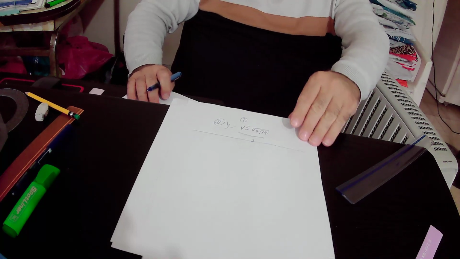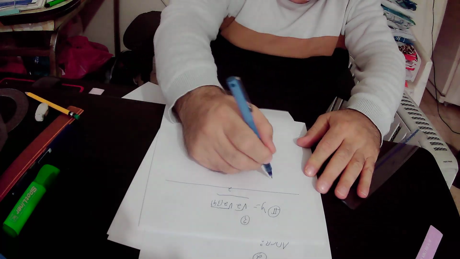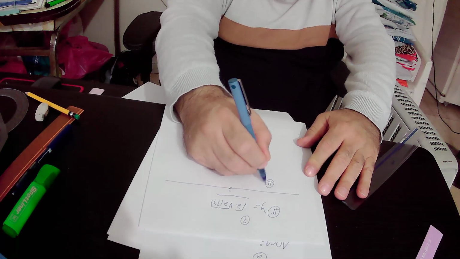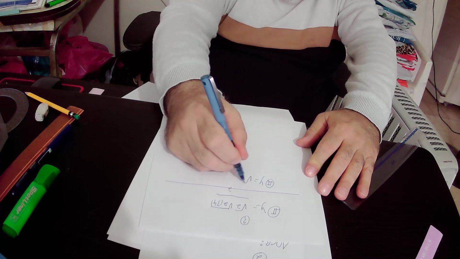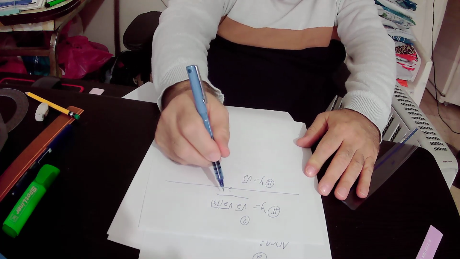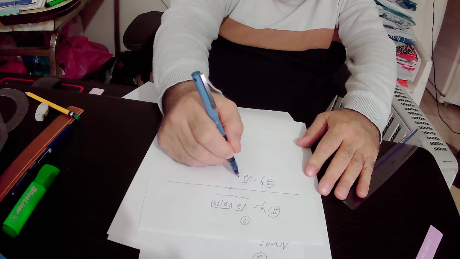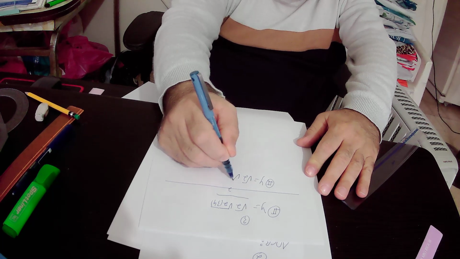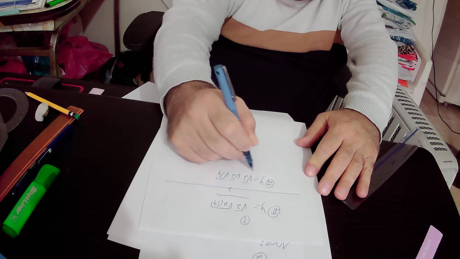So I'll write it down. We will get that y equals the square root of 2, and we split this root into two roots, so it will be the square root of 2 times the square root of 34 over 2.